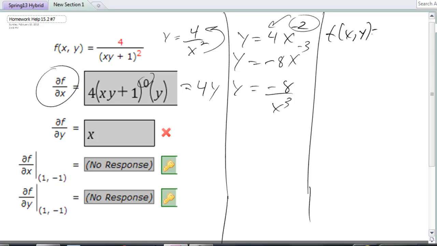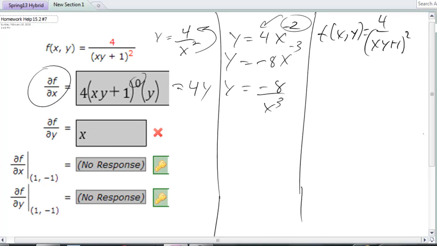So now, if I was asking you to do this one, we're going to do the exact same concept. Okay, I'm just going to scoot this over a tiny bit. I'm going to bring up my denominator, so it's going to give me f of xy equals 4 times xy plus 1 to the negative second.